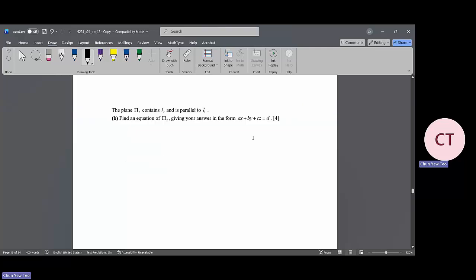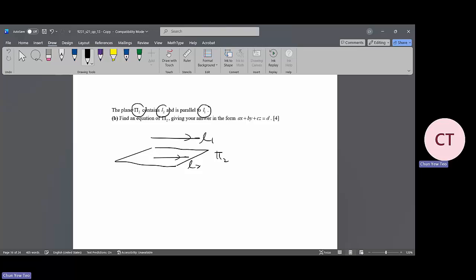So now you go for 6b. We have pi 2, which contains L2 and is parallel to L1. So maybe the L2 I draw it like this. You can see that if you cross the directional vectors for L1 and L2, then you will get the normal vector for the plane pi 2.